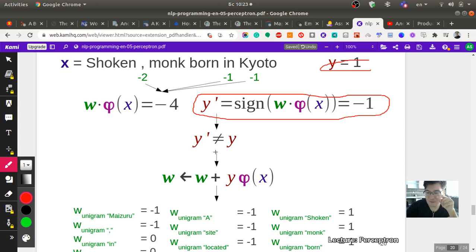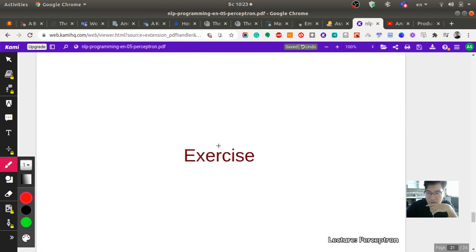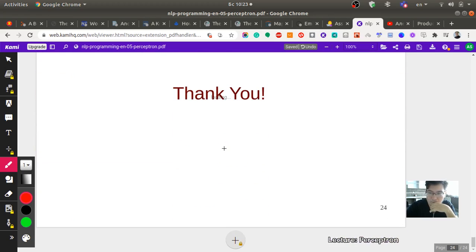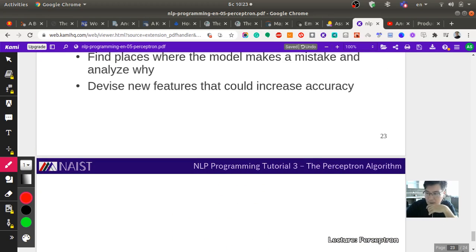So this is called weight update. Okay, this was part 1.